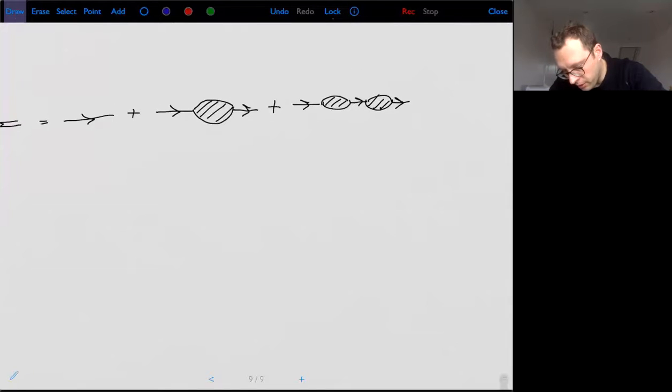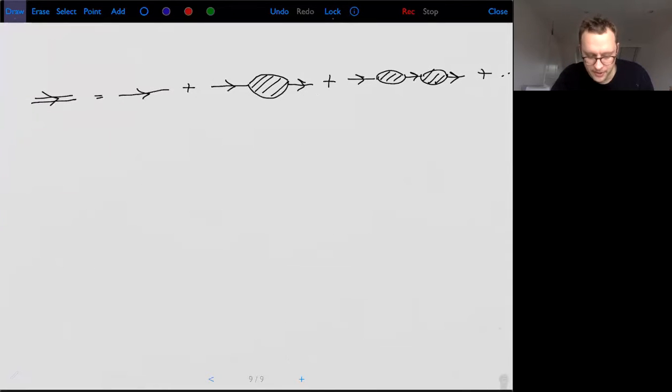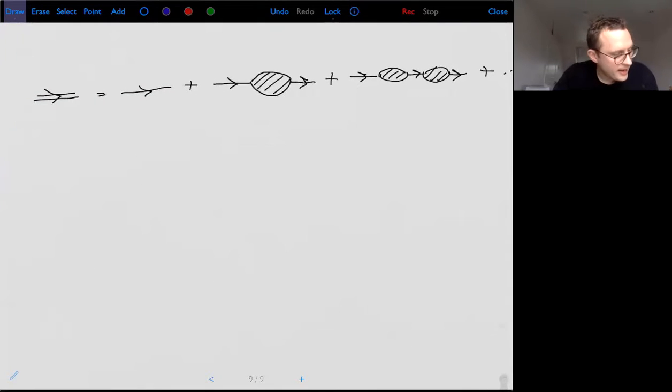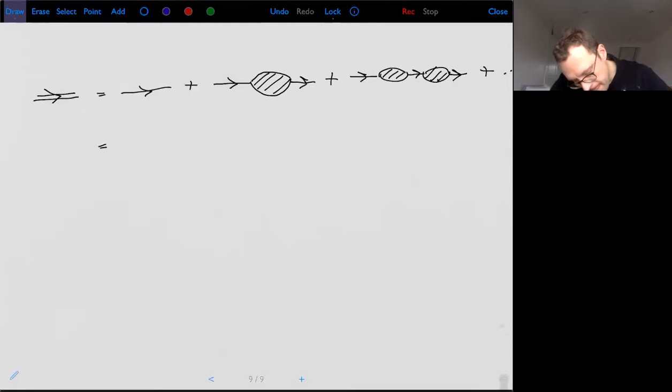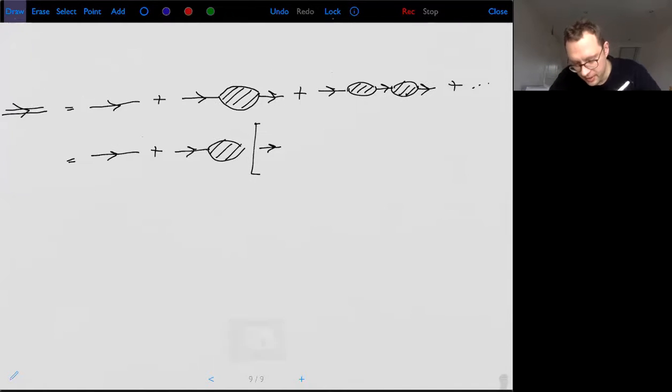And on it goes, right? Now, what you see is, of course, that you can write this infinite series in the following way. Still have your G0, but you can write this infinite series in this way.